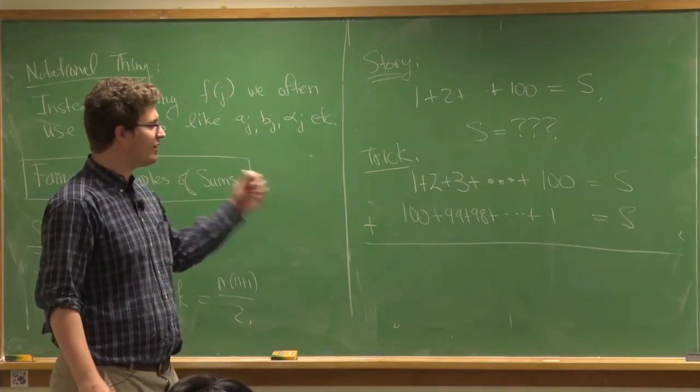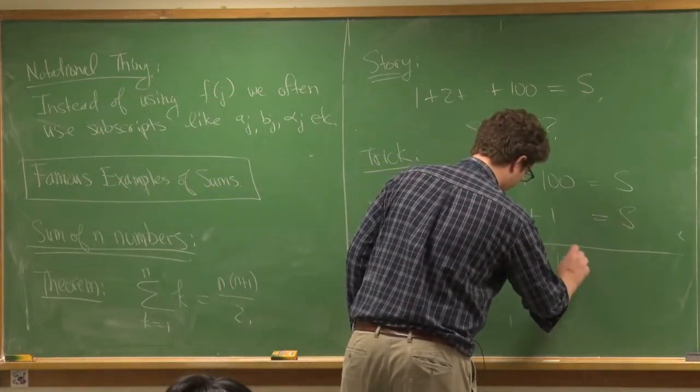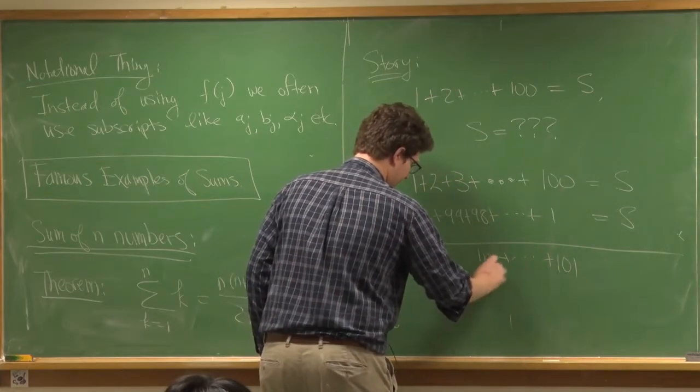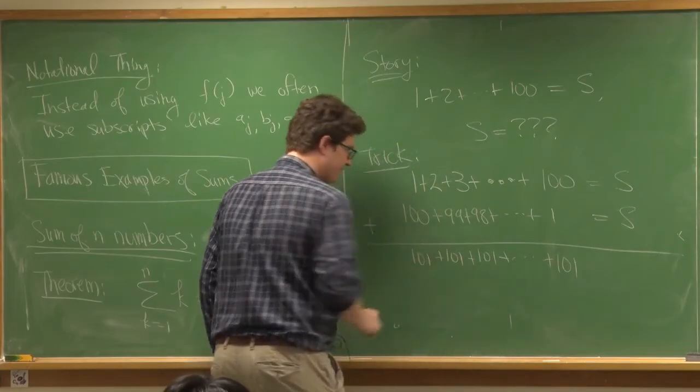This trick only really works for this sum. But you can add these together, and then you get 101 plus all the way up; this one's 101, this one's also 101, and this one's also 101.